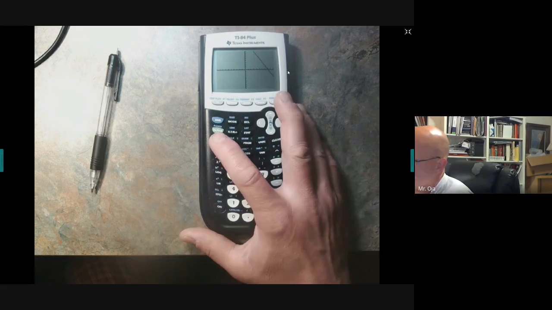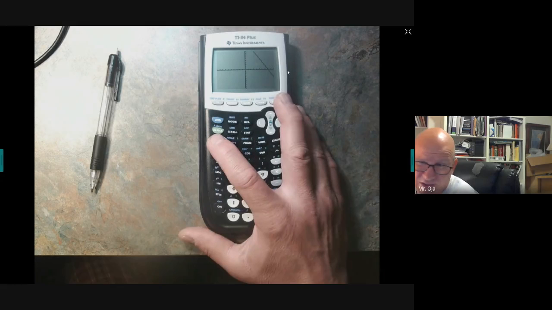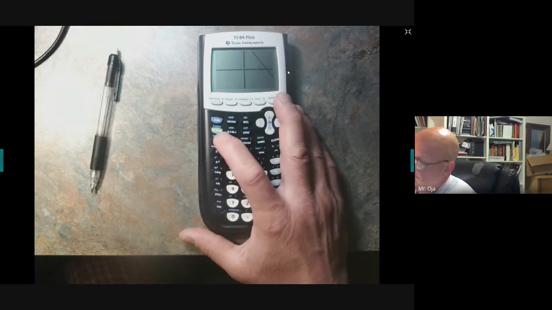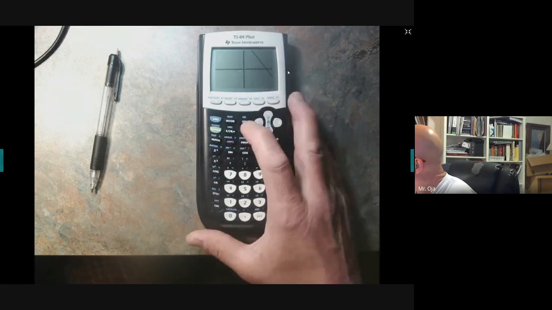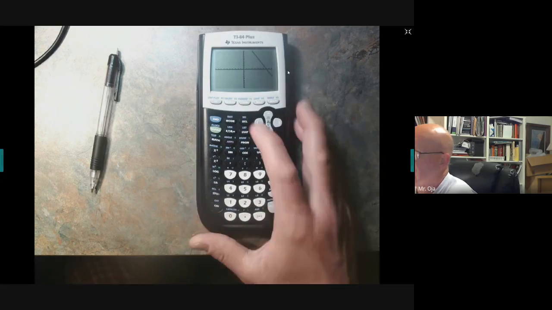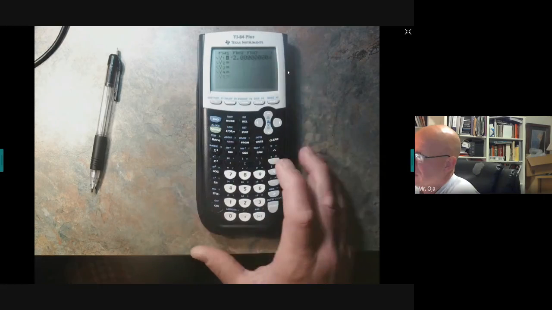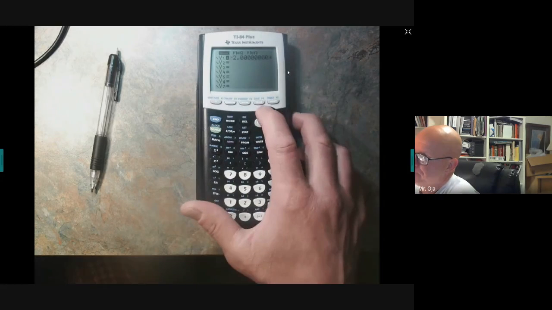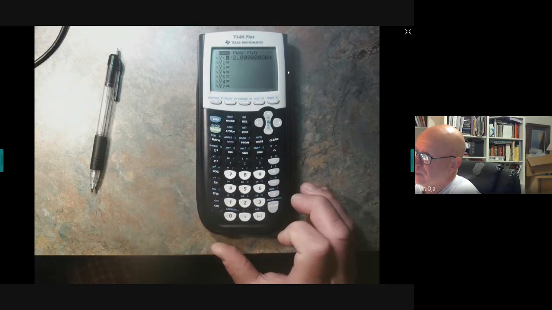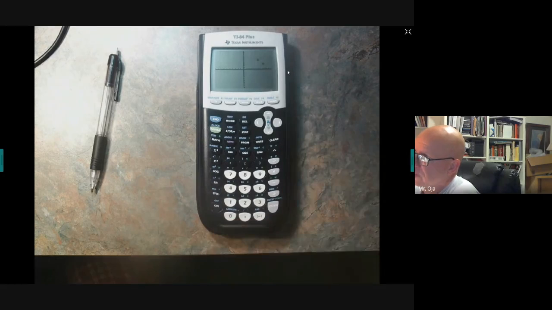One more little thing, and I don't want to overwhelm you, and you're probably going to like the Desmos one better anyway. But I'm in the y equals menu. If I go up to plot 1 and turn that on and hit graph, you're going to see the data points of your data displayed on there.